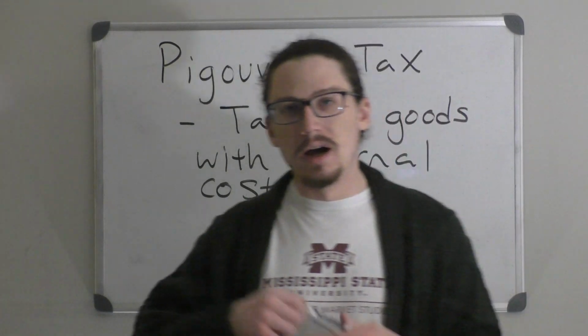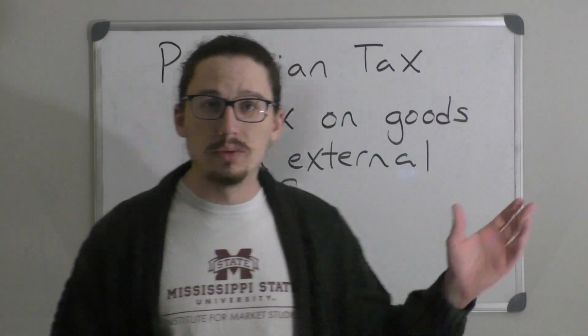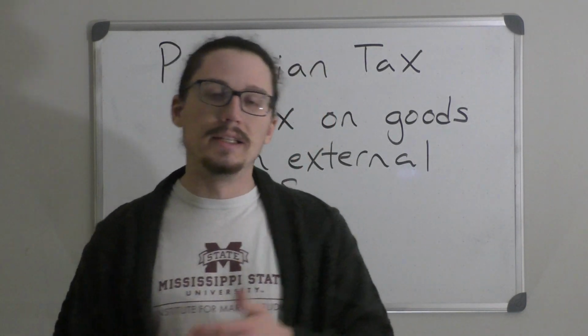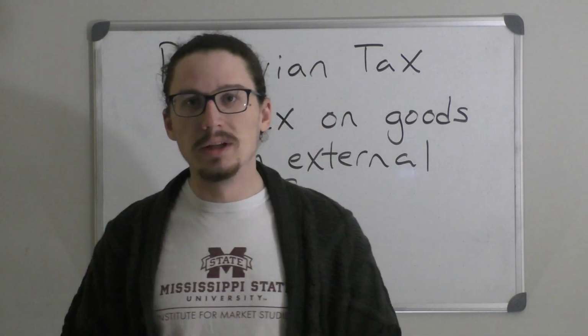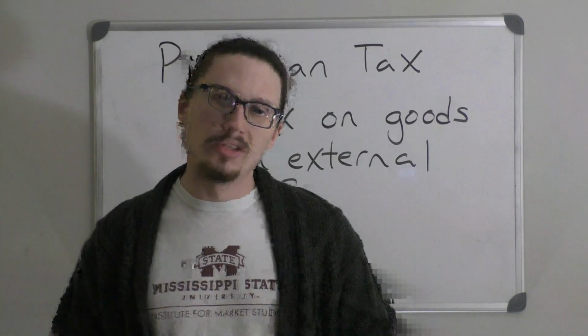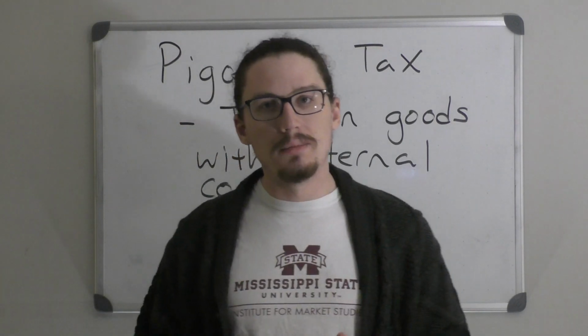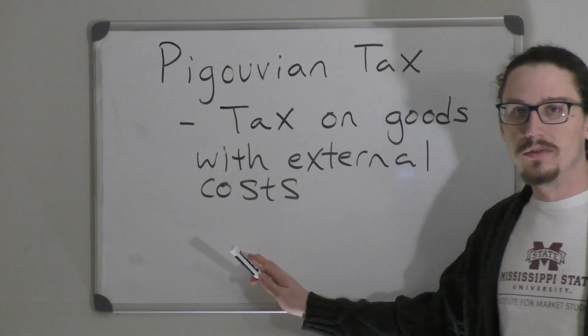Well, the same thing happens when you tax production. So if we can apply a tax to these goods with external costs, we're going to decrease our supply, decrease the equilibrium quantity, and get to that socially efficient equilibrium.